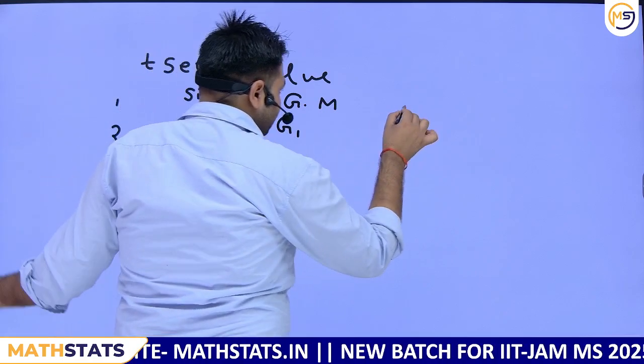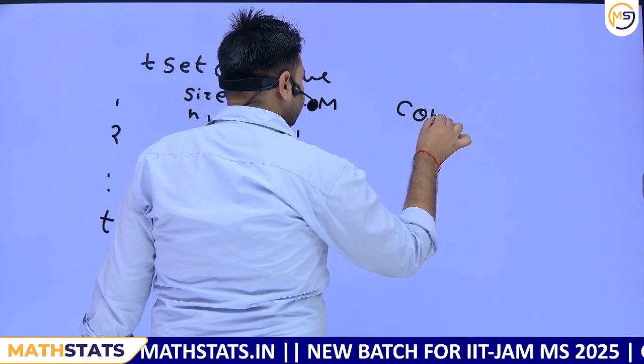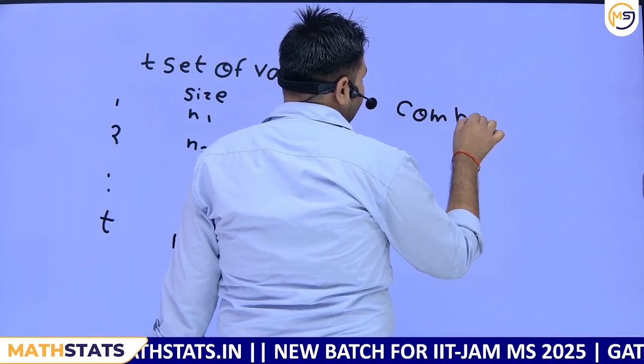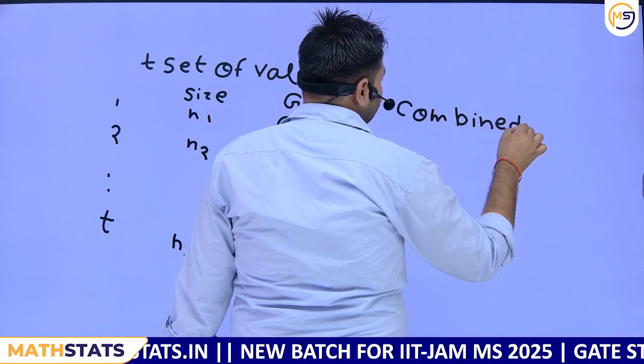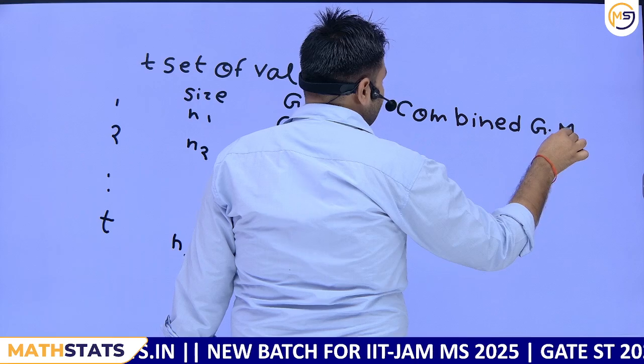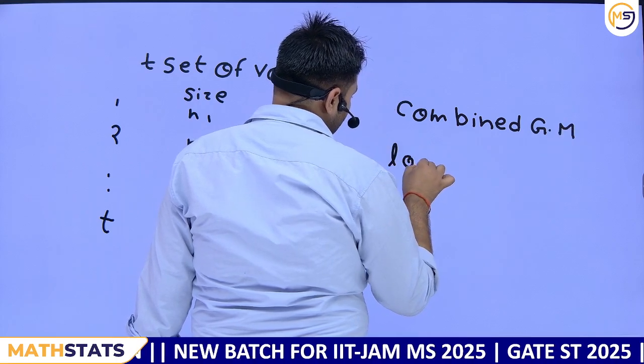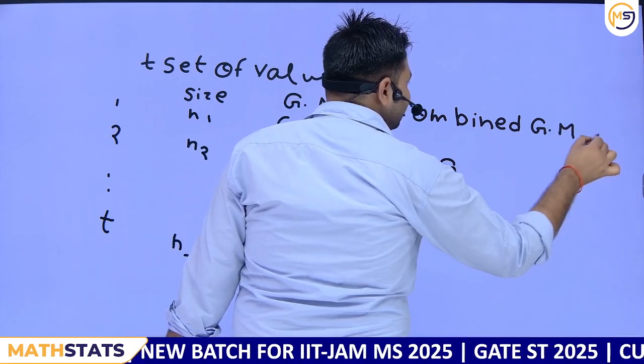So the combined geometric mean, combined GM, is denoted by G.